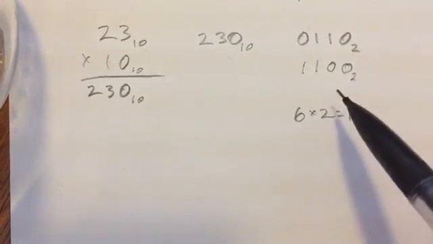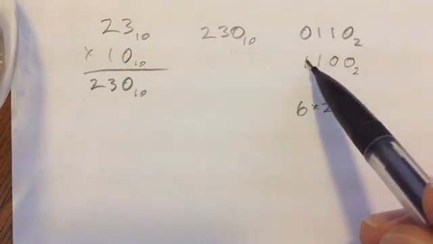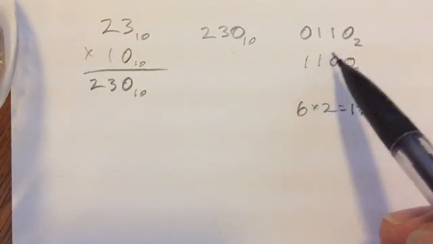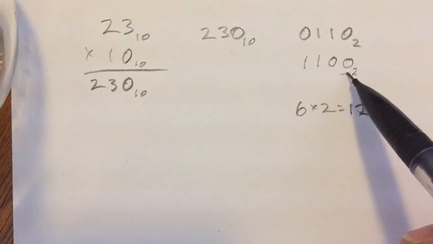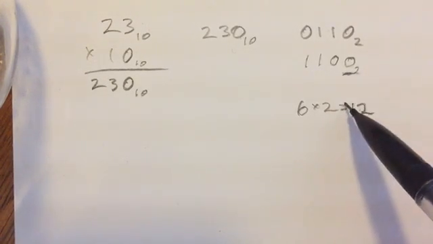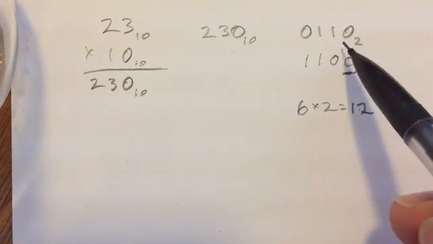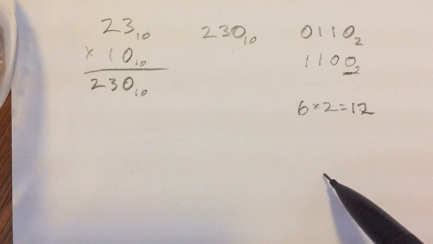But hang on, look there. It's the same number, almost, with just an extra 0 added in. And that's all bit shifting does. It just moves everything over 1.